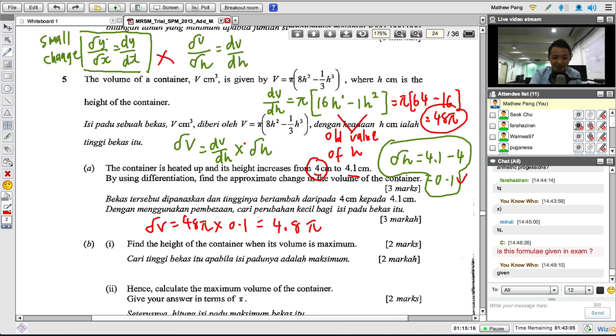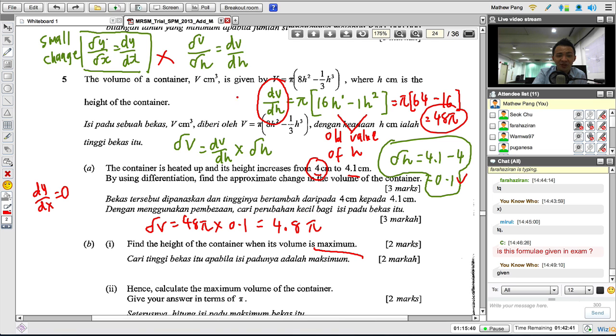Next, find the height of the container when its volume is maximum. Whenever you see maximum, minimum, stationary value or turning point, the first information is dy/dx equals 0. In this case you might ask, we do not have dy/dx, we have dv/dh.